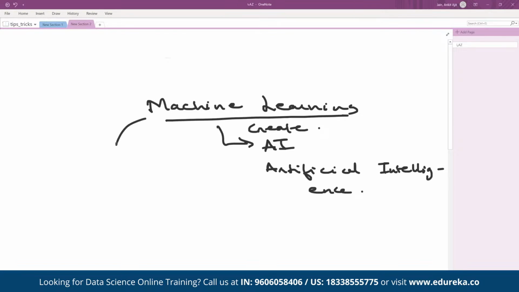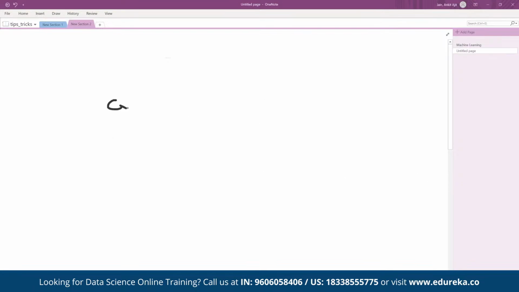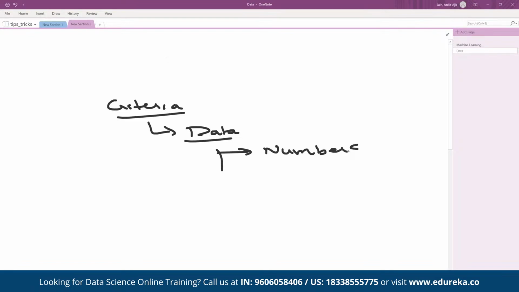Okay, now how do we create artificial intelligence using machine learning? What is the main criteria for that? So the main criteria for creating machine learning is data. Now this data may be in the form of numbers, in the form of images, in the form of text.